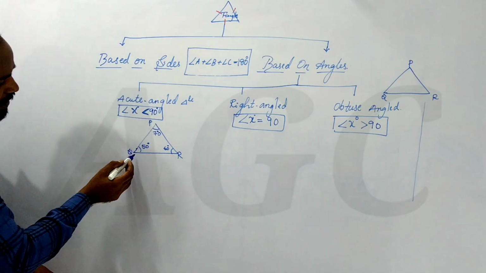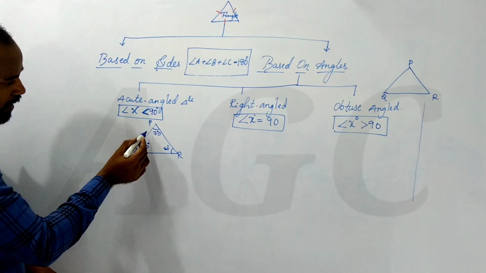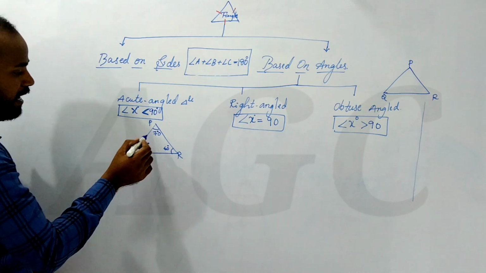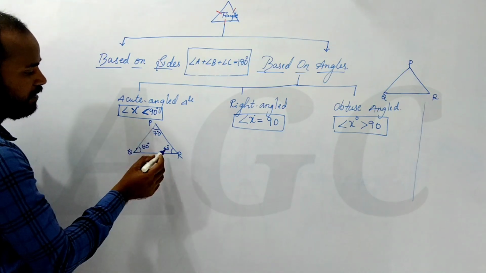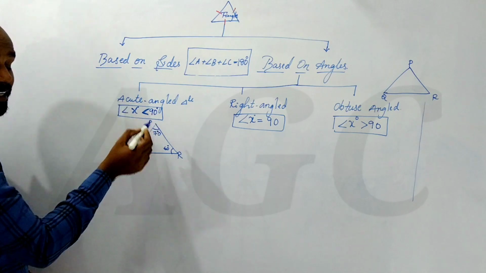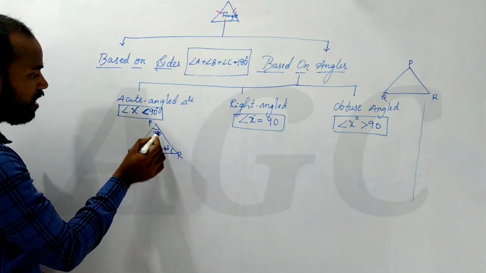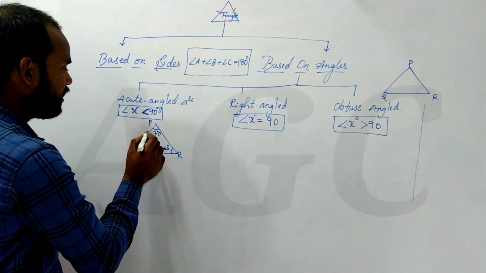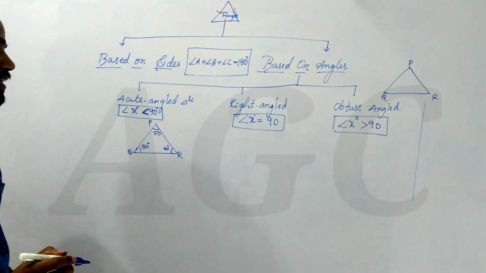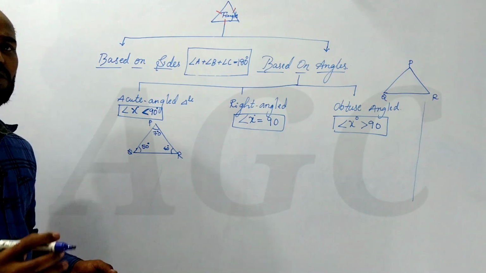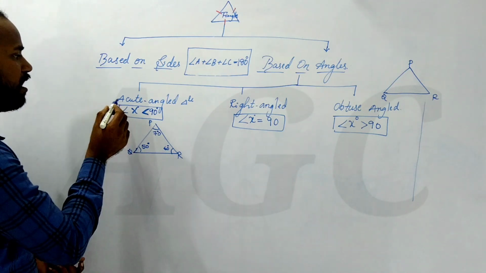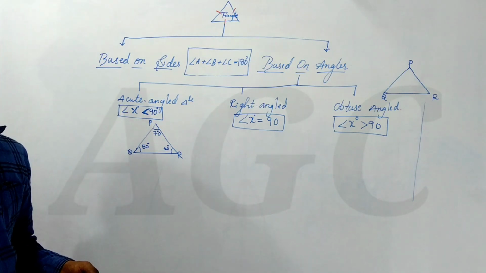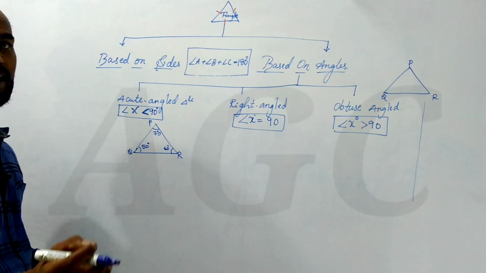So see here, every angle: angle PQR is 50, less than 90, true. Angle QRP is 60, less than 90, true. Angle RPQ is 70, less than 90, yes, true. So it is said to be an acute angle triangle. If all angles of a triangle are less than 90, then the triangle is said to be an acute angle triangle.